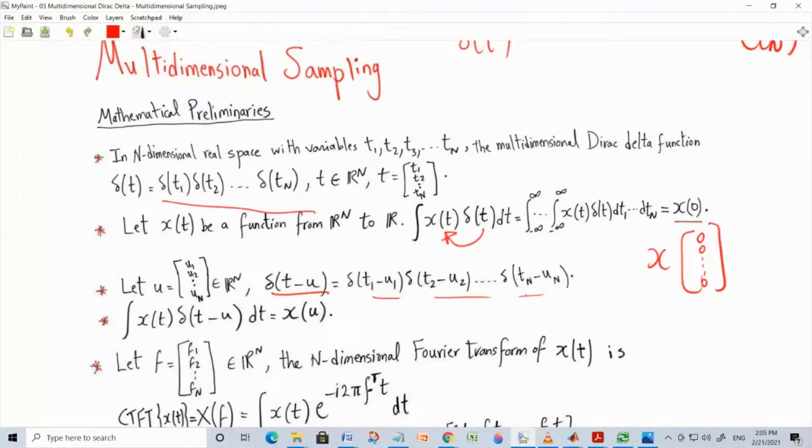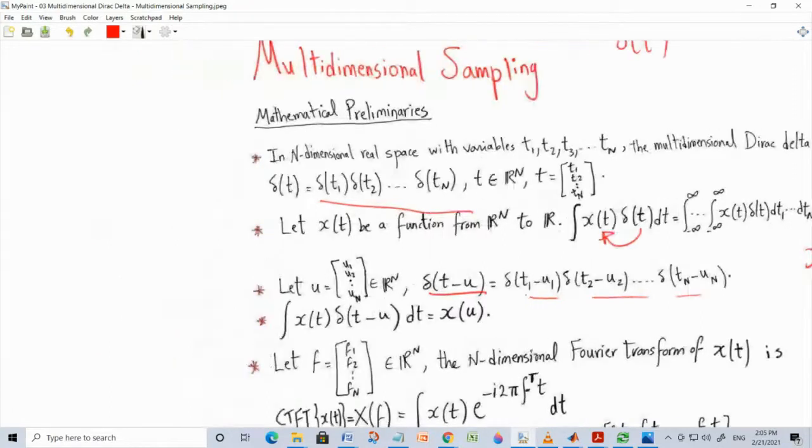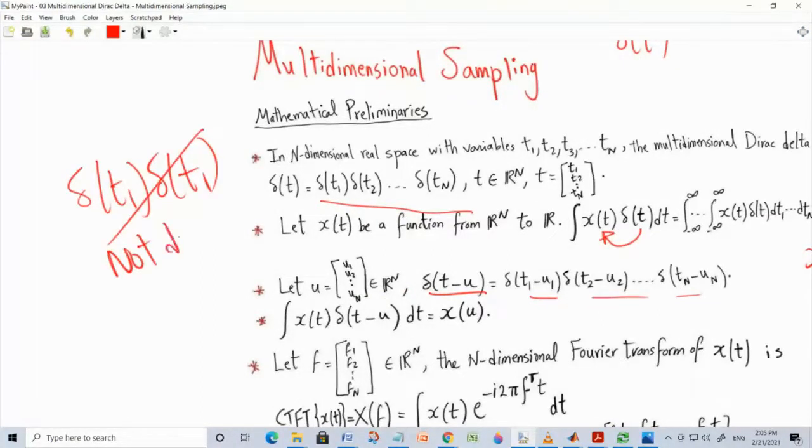Again, a multidimensional Dirac delta is basically Dirac deltas multiplied together. For a Dirac delta of the same variable, it is not allowed to multiply Dirac deltas. So basically delta t1 times delta t1 is not defined.